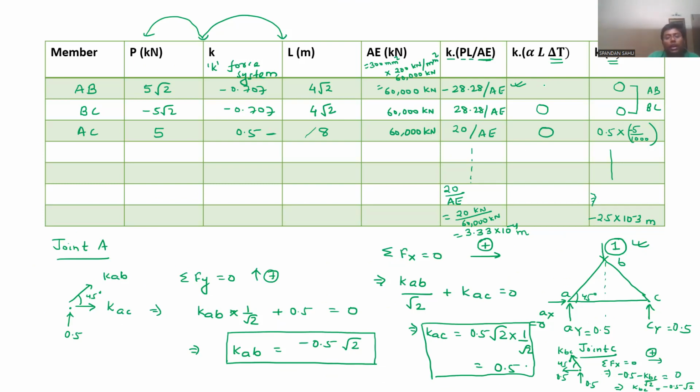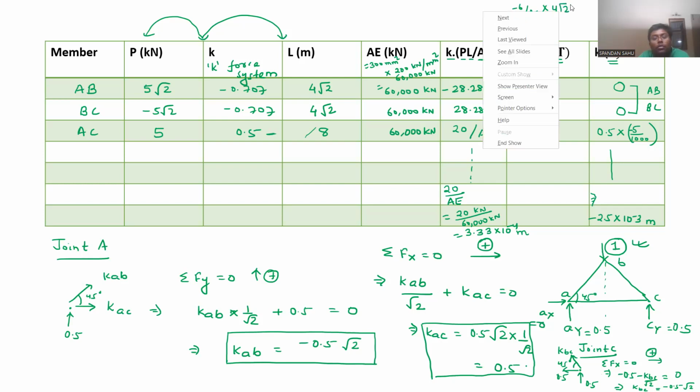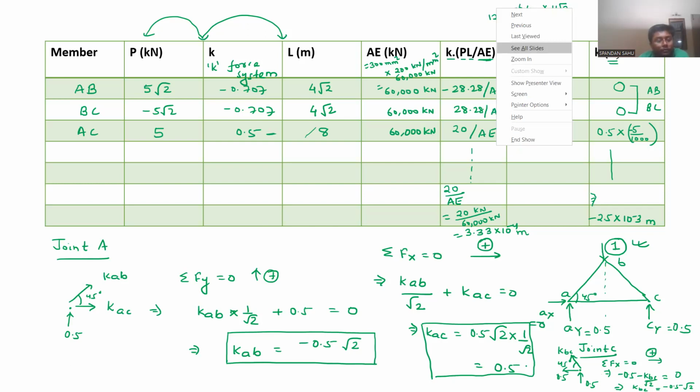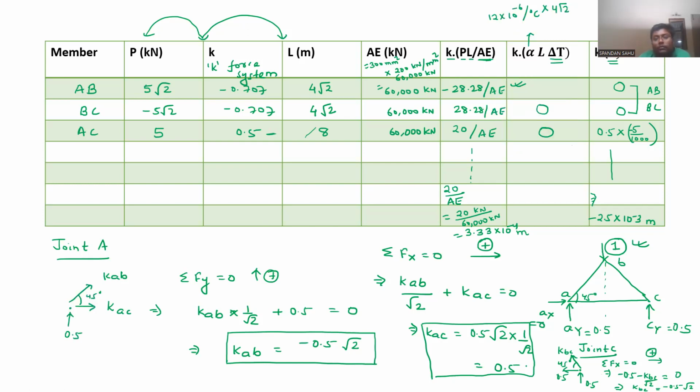Now, for AB, we know already the coefficient of thermal expansion is 12 into 10 power minus 6 per degree Celsius. Length of AB is 4 root 2 meter, and delta T is 40 degree Celsius.